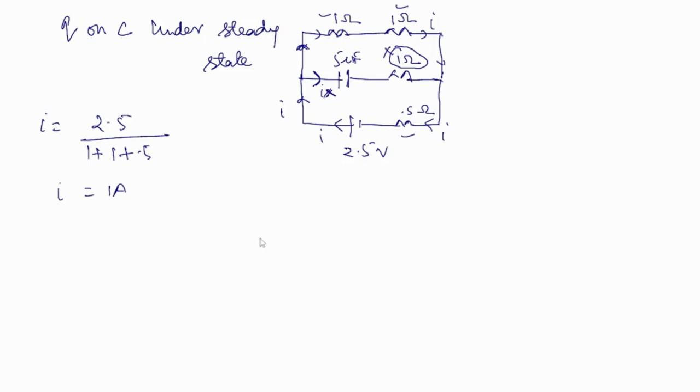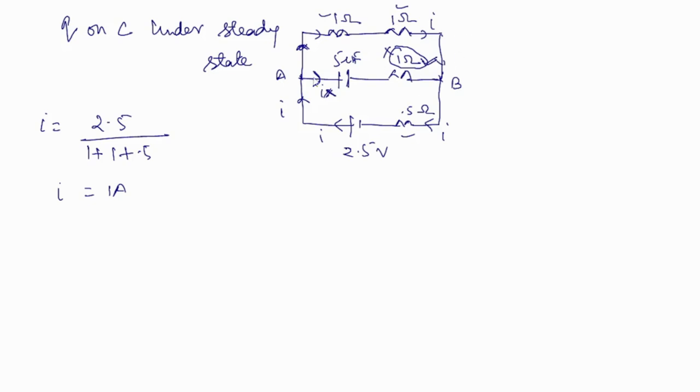Now consider the potential difference across this circuit, taking this as point A and this as point B. The potential difference across this circuit will be the potential due to this capacitor plus the potential due to the current I through this 1 ohm resistance. Since no current is passing through this 1 ohm resistance, it will be offering no potential.